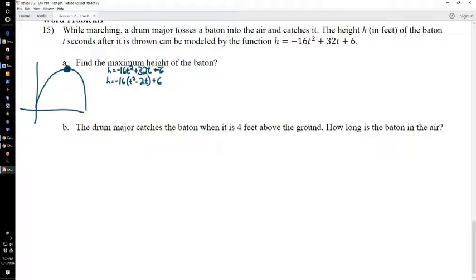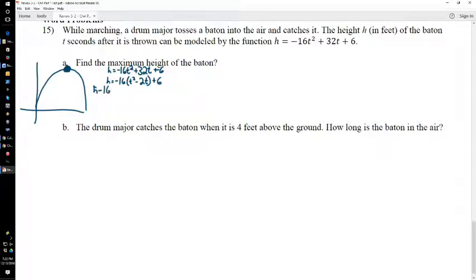From here, we do our, remember, b divided by 2 squared. That's our little key. So take our b value, negative 2, divided by 2, you get negative 1. Square it, you get positive 1. So on the left side here, I'm going to subtract 16.